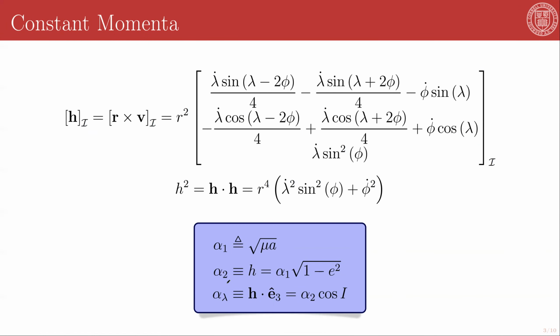So our separation constant, alpha 2, which is also the second transformed conjugate momentum of the system, is equal to the constant of motion given by the specific angular momentum of the system, and can be written in terms of our first conserved quantity, alpha 1, if we assume a value for the eccentricity of the orbit.